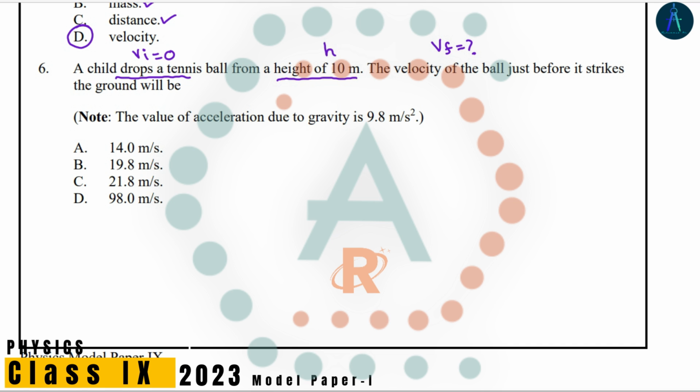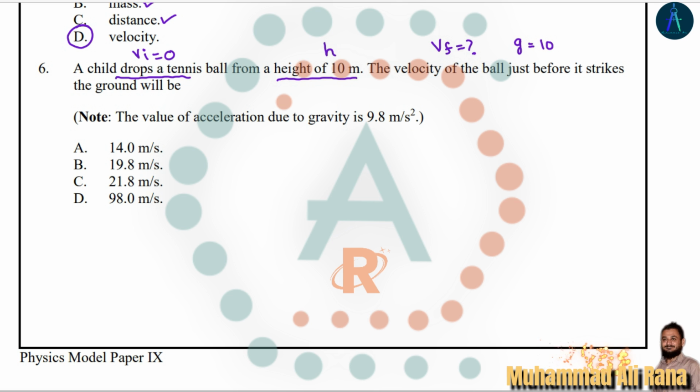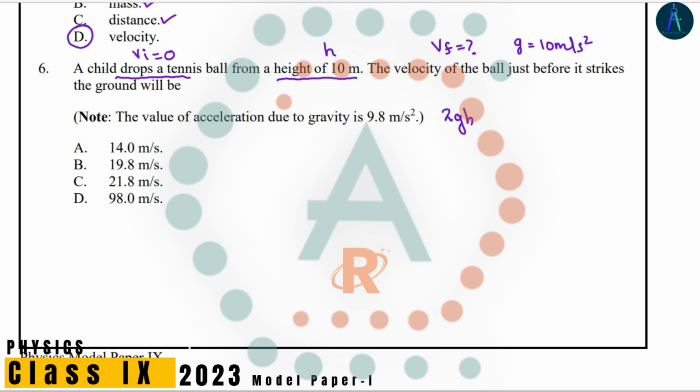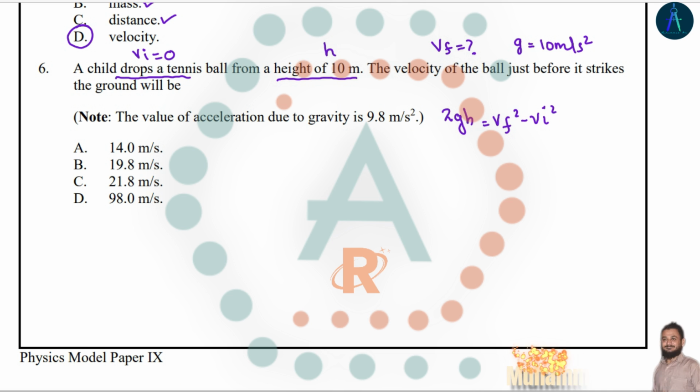In this scenario, the value of g will be 10 meters per second square. So from this given data, we can recall the gravitational equation, that is 2gh equals vf square minus vi square. So vi is 0, so that means vf will be equals to square root of 2gh.